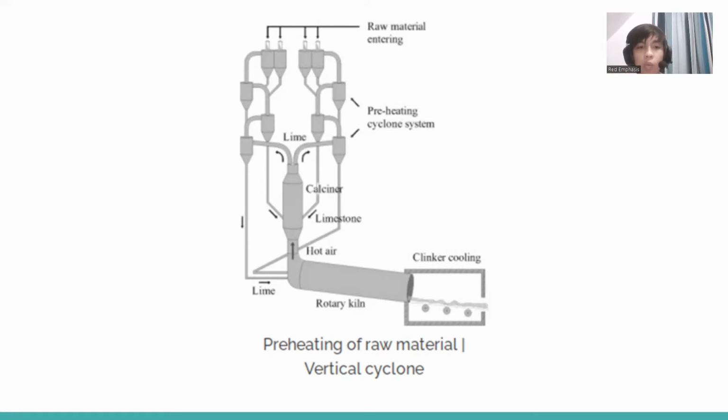The lime and the calcined limestone will face the hot air from the kiln, and after it faces the hot air, the lime will go through the left side of the rotary kiln. Preheating of raw material, vertical cyclone. And the next slide will be the detailed explanation or description of this process.